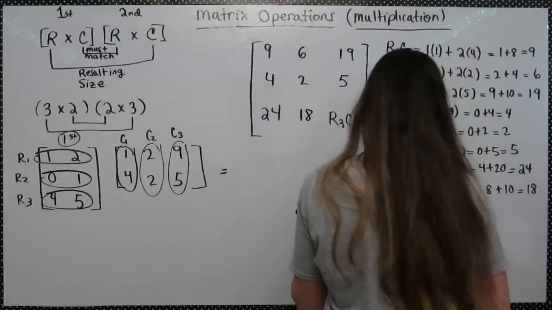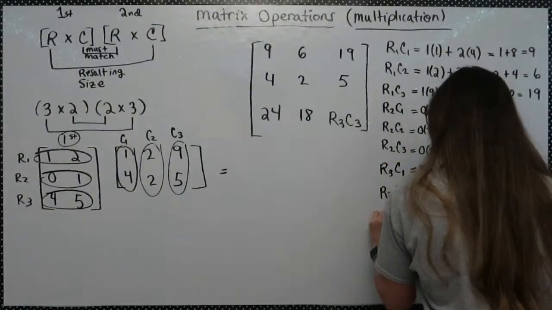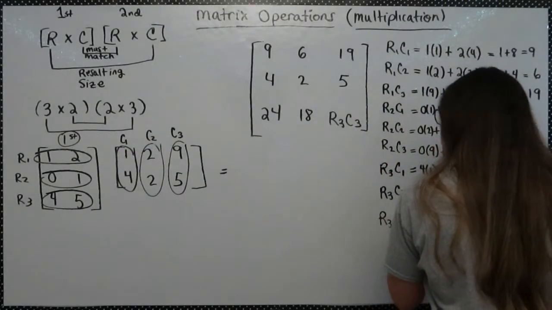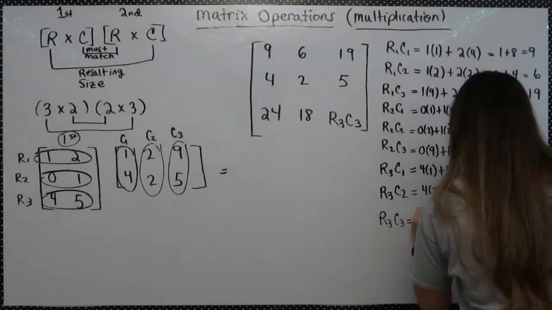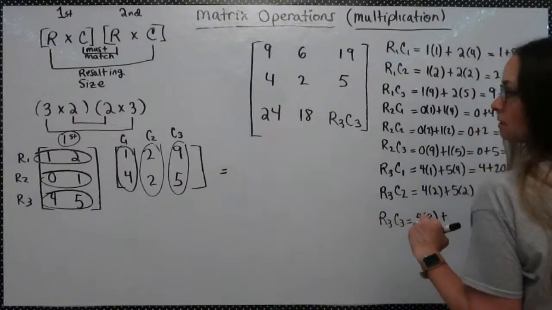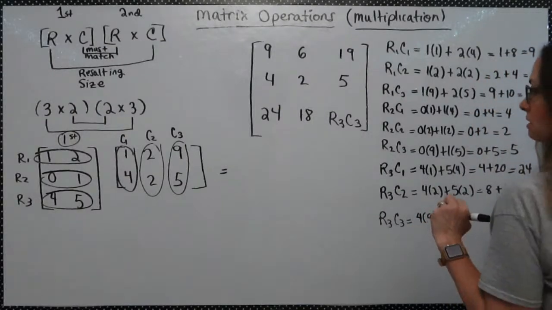We've got one more to calculate. We'll do it here. Row 3, column 3. And so we've got 4 times 9 plus 5 times 5.